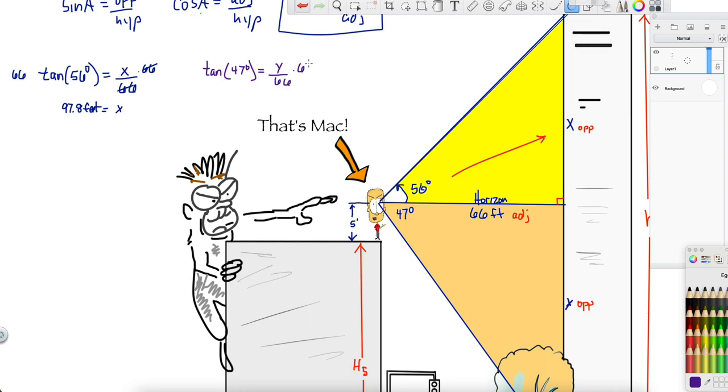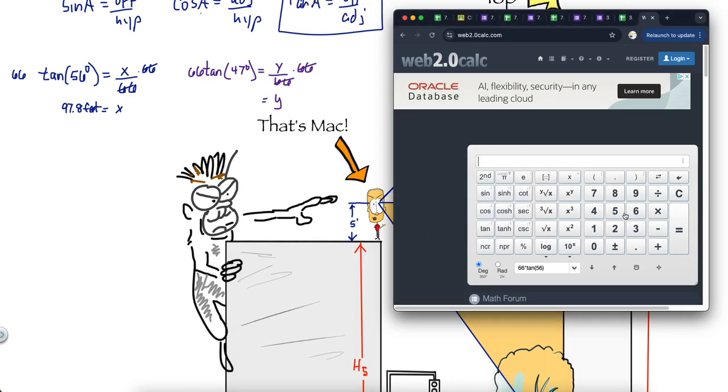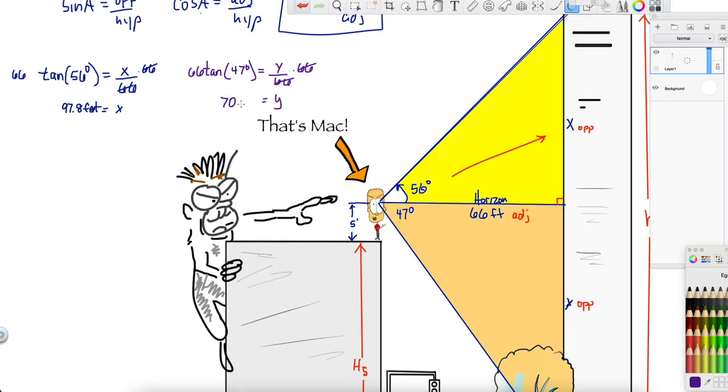I want to undo divide. I'm going to multiply 66 to both sides. And then we're ready to put this in the calculator because y is by itself. So we're going to do 66 times tangent of 47. 70.8 feet.